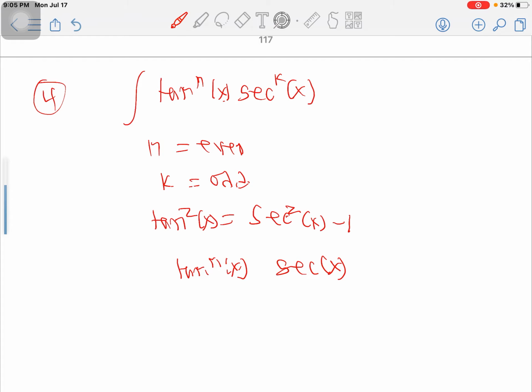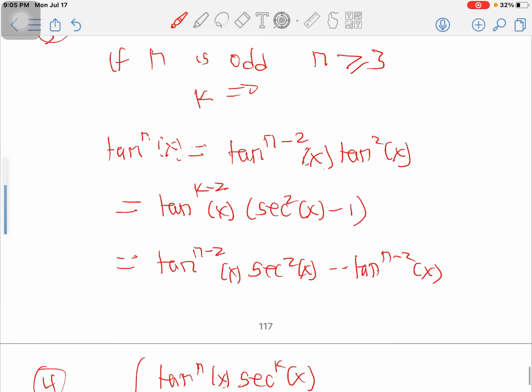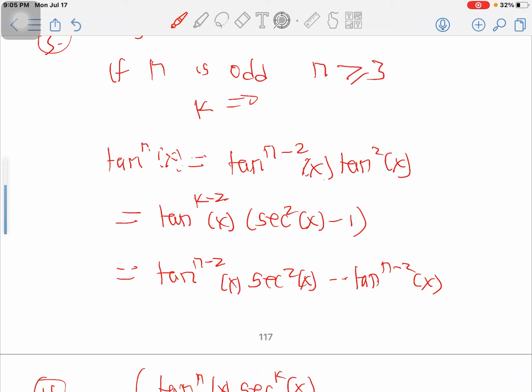For this matter, we will use integration by parts to integrate all powers of sec x. So we should take note of that.